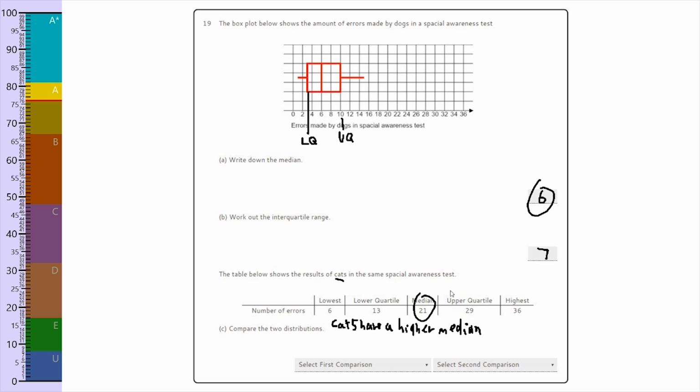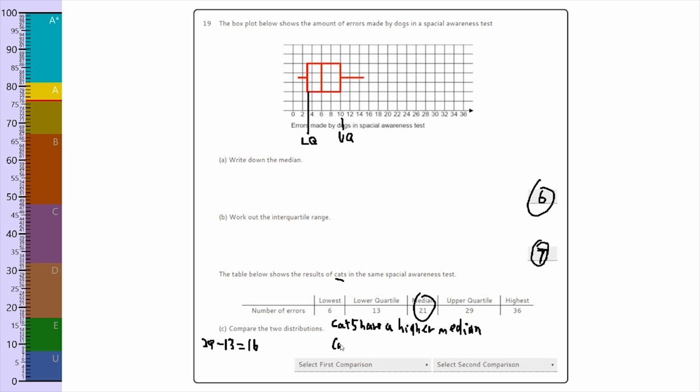Okay, the second thing to do is either the range or the interquartile range. I've already worked out the dog's interquartile range, so I might as well just use that. Let's try and do the 7 there. So it's going to be, for the cats, 29 take away 13. So if I show over here, 29 take away 13, it's going to be 16.